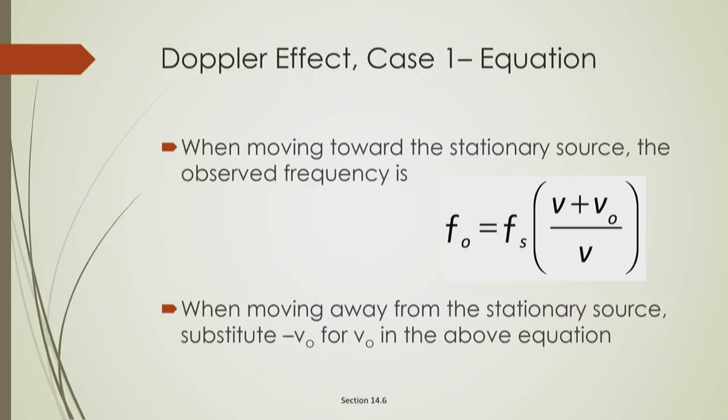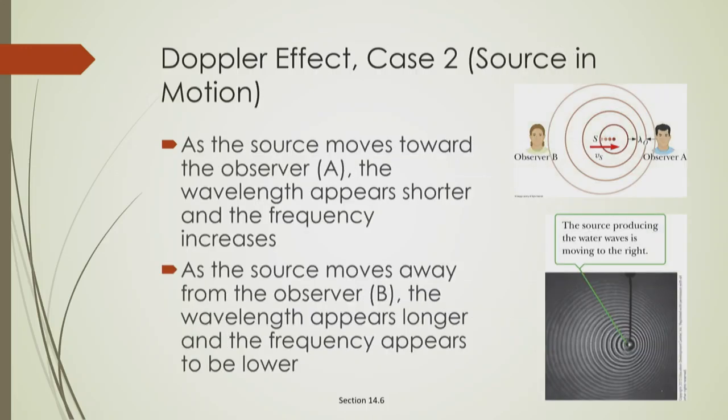Typically we use S to represent the source, and we use O to represent the observer. Then we got the reverse, okay? I got the reverse where the source is going to be moving.